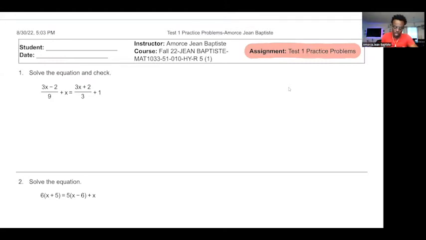So let's jump right into it. We have to solve this equation and check for the solution. I'm not going to check for the solution because I know if I take the right steps, it'll be the right solution. However, if you are taking a test and want to check your solution, feel free to do it.